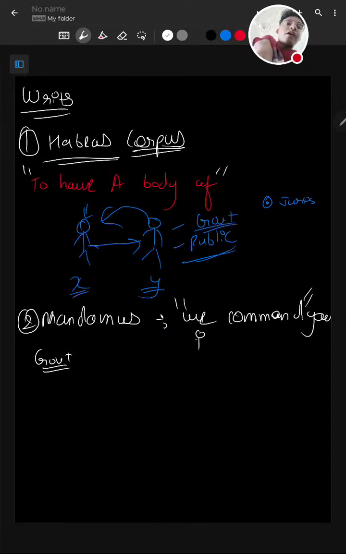If you are standing in a government office and the guy is not doing your work, you could just say I would issue mandamus against you, because you are not doing the public work you were hired to do. This mandamus can only be issued against the government. And if some private institute is working on, like, a government quota, then also it can be issued.